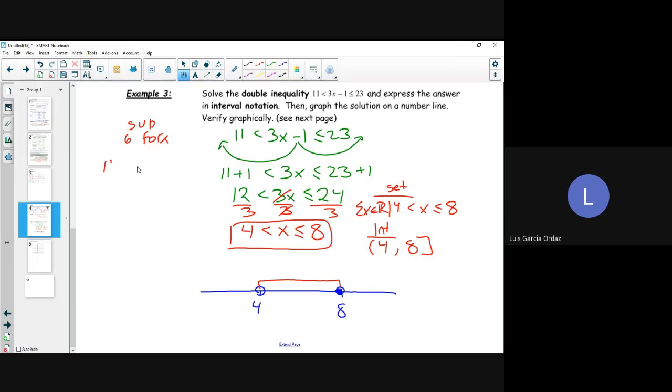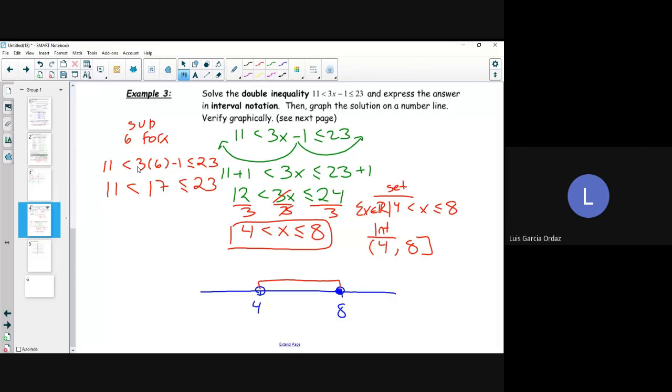So we have 11 less than 3 times 6 minus 1 greater than or equal to 23. So we have 11 is less than, what's 18 minus 1? So 17, which is greater than or equal to 23. Our main focus when we're checking is always the number that involved the inequality expression, okay?